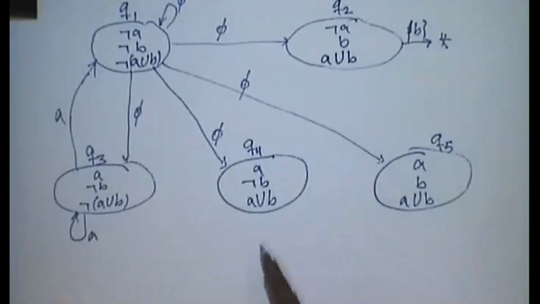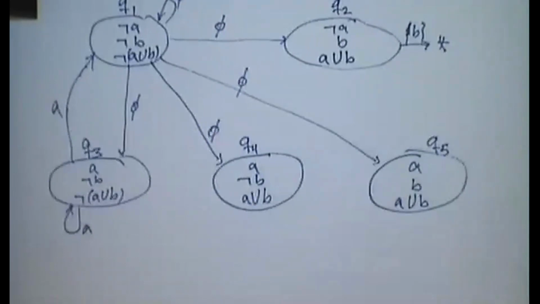Okay, now what happens with Q4? In Q4, I have A and I have not B, right? But I also have A until B. So I'm accepting all the strings that start with an A that do not have B in their very first letter. But I also want to satisfy A until B. Okay.